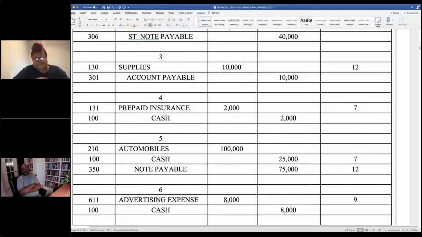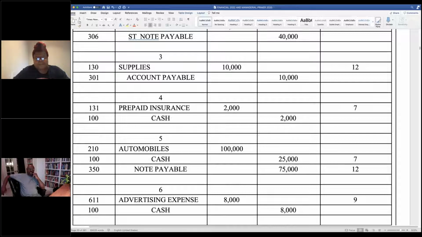But what I want you to do now is go to that problem and determine what your journal entry is, and see if you can make your journal entry now so you have it already done.